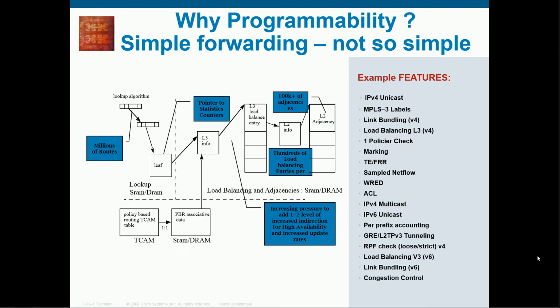The big thing here is MPLS, load balancing, our ACLs, our multicast and unicast, both IPv4 and IPv6, our VPN tunneling using GRE and L2TP, and again, congestion controls, our QoS.